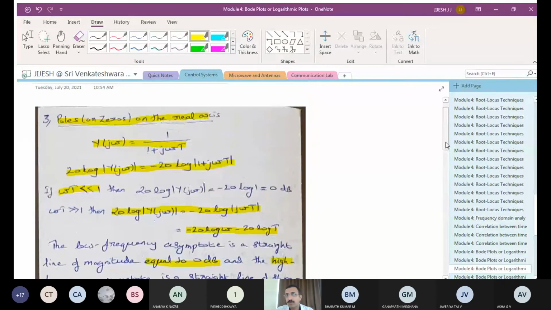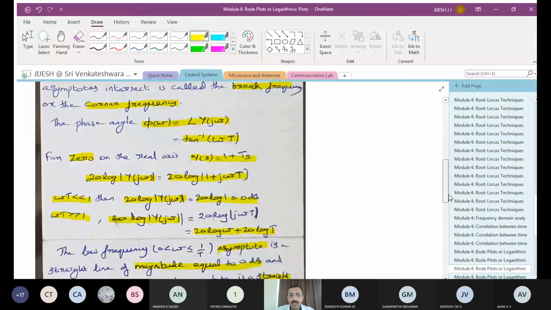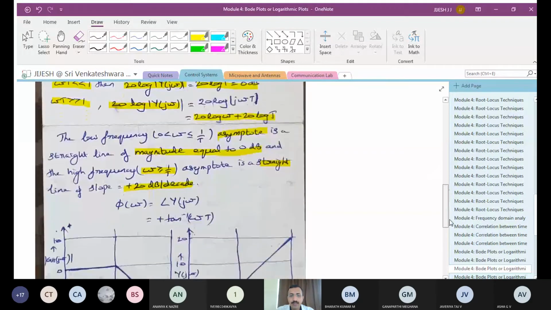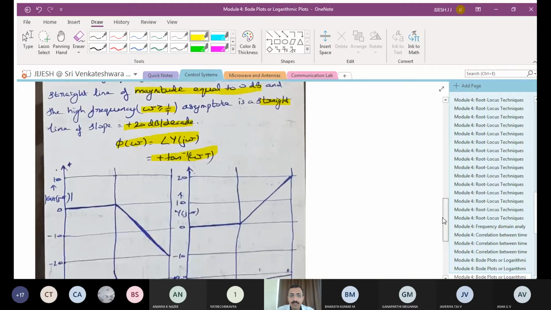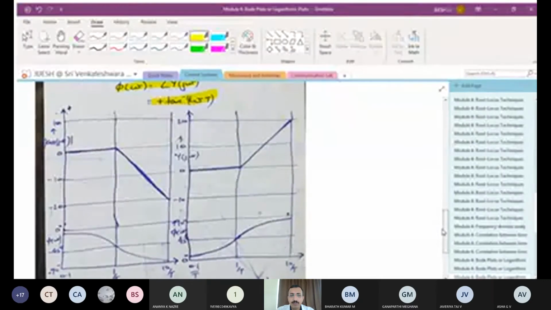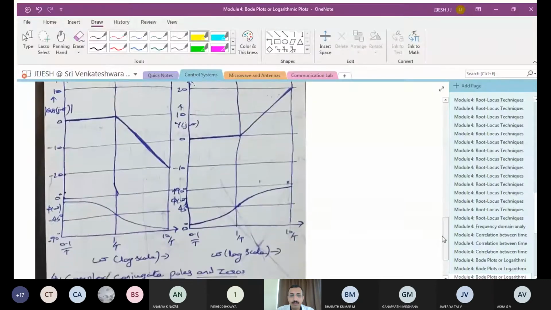Then you get all these equations, and phi of omega is equal to the angle of this, which is tan inverse of omega t. So when you go for the plot for poles and zeros on the real axis, the plot will be obtained in this form.